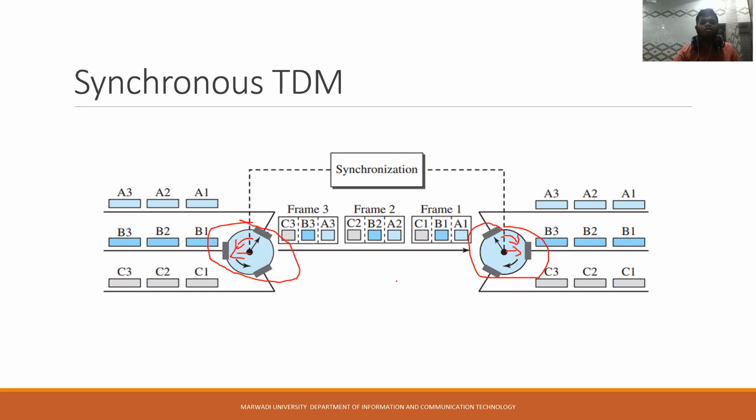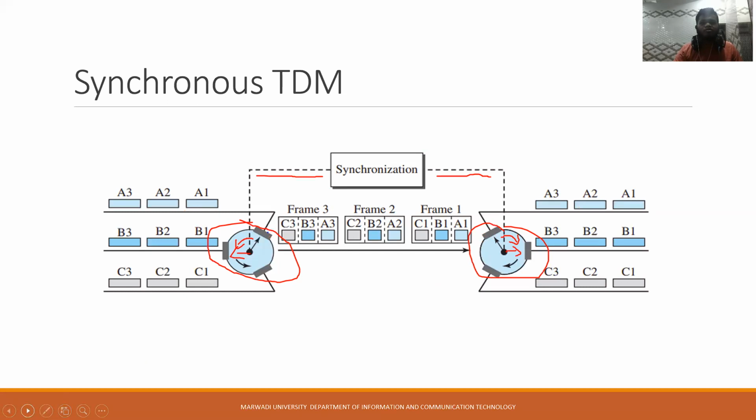They are rotating in opposite directions, and they should be synced. So this switch would open and transmit the data, and this switch would open and receive the data. This process is called interleaving. This is the concept of interleaving.